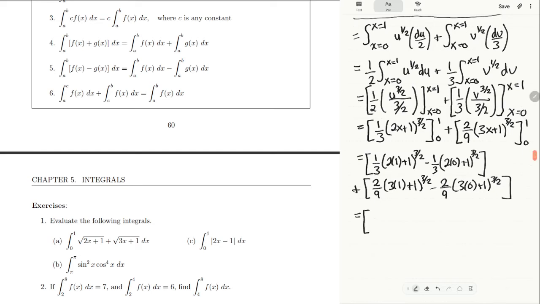So simplifying, we get 1/3 times 3 to the 3/2 minus 1/3 times 1 to the 3/2. And we add this to 2/9 times 4 to the 3/2 minus 2/9 times 1 to the 3/2.